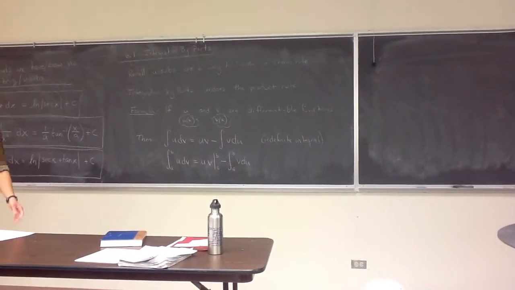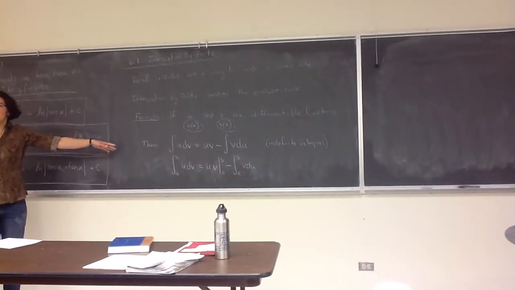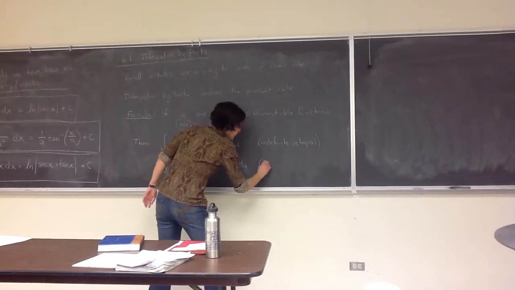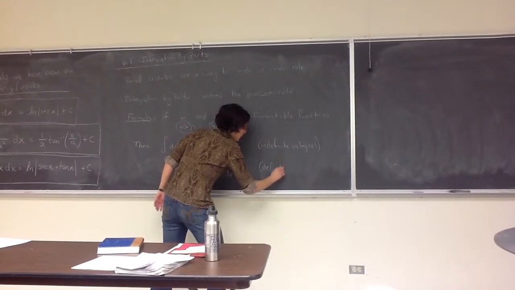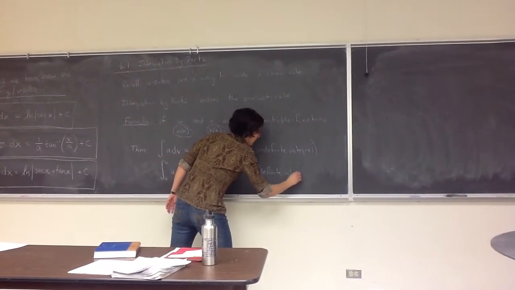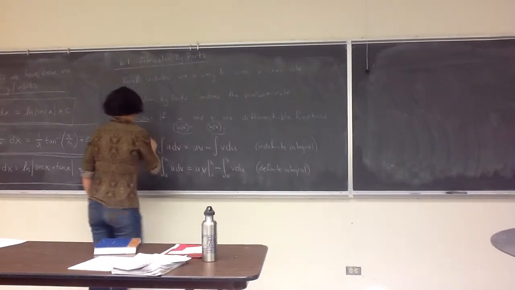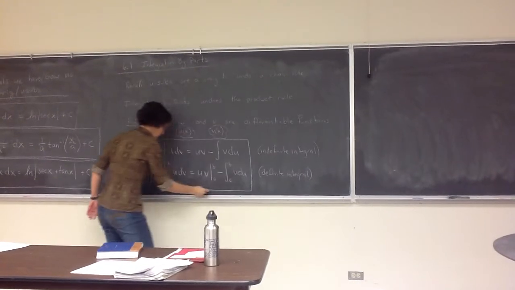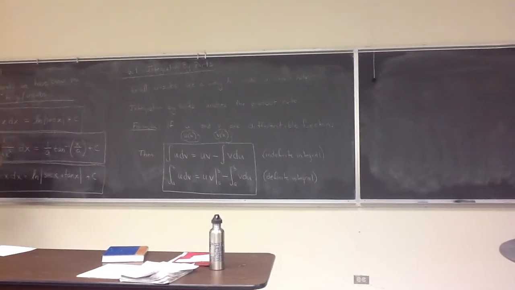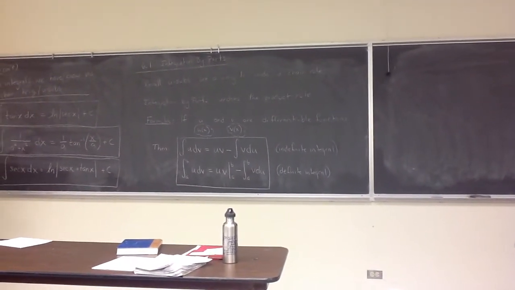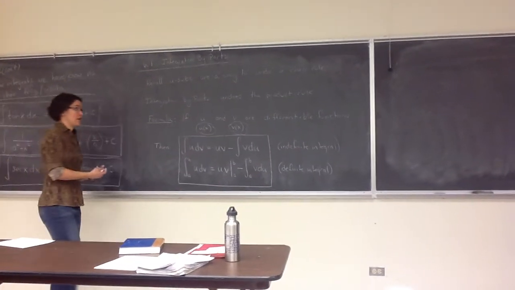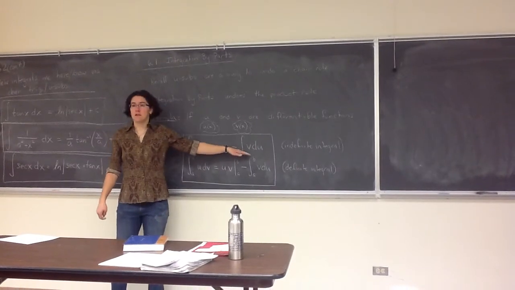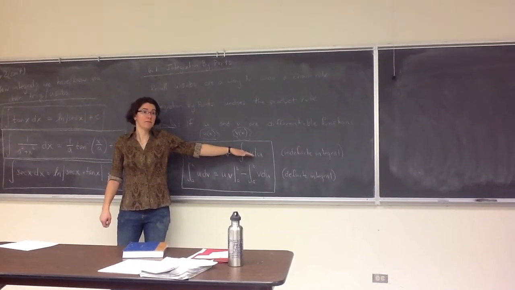So I throw the boundaries every place I possibly can if I have boundaries on my original integral. Alright, so this is a formula that you want to get to know. The integral of U dV is equal to UV minus the integral of V du.